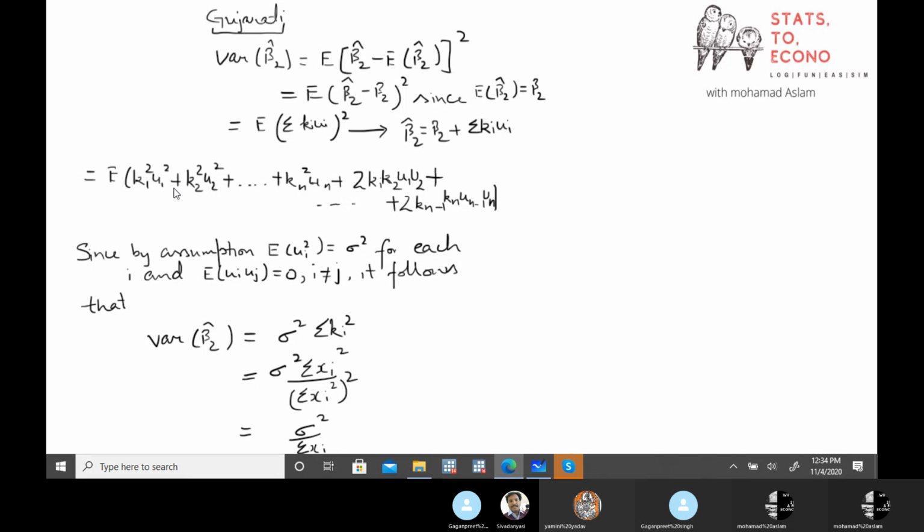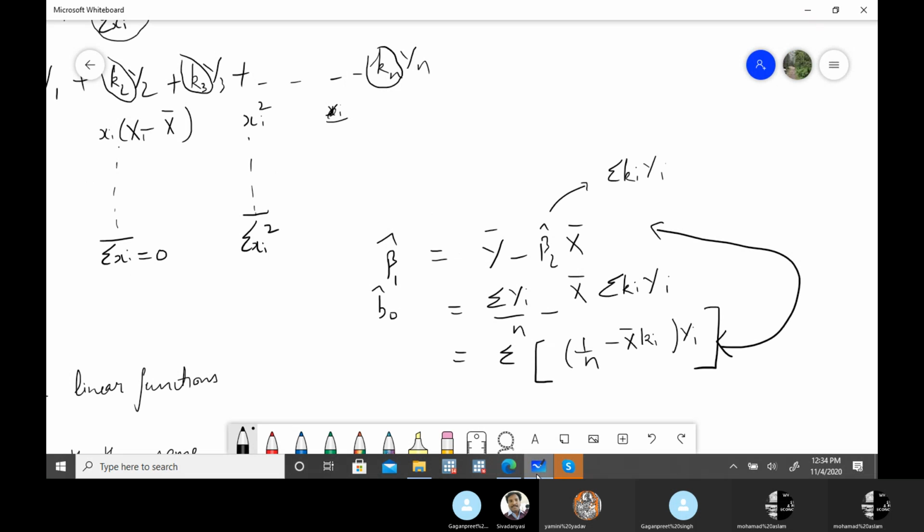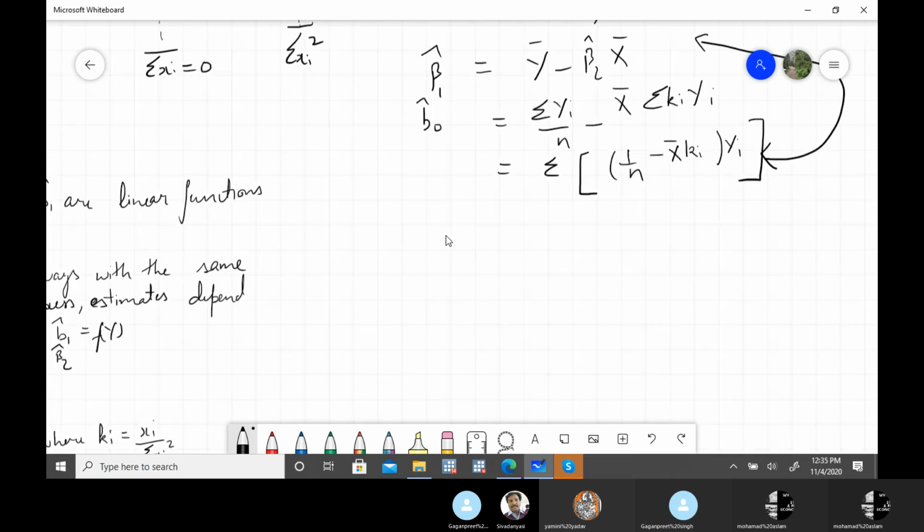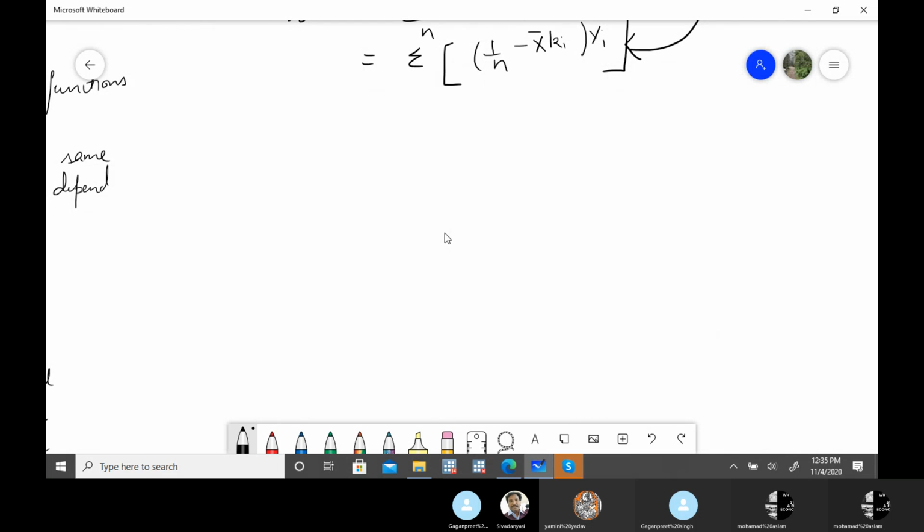Let me solve this for you, because you might not be getting this idea. I hope there is no doubt that this is equivalent to expected summation ki and ui.